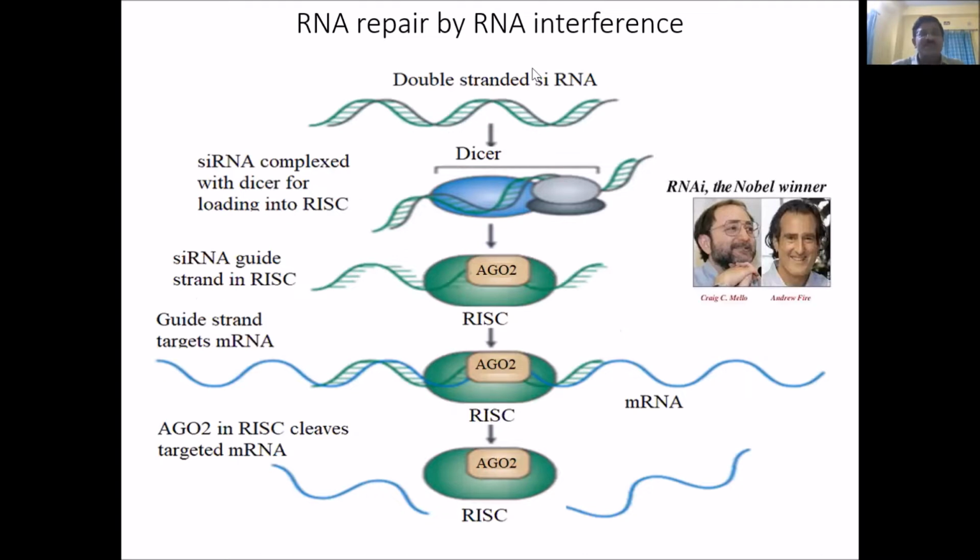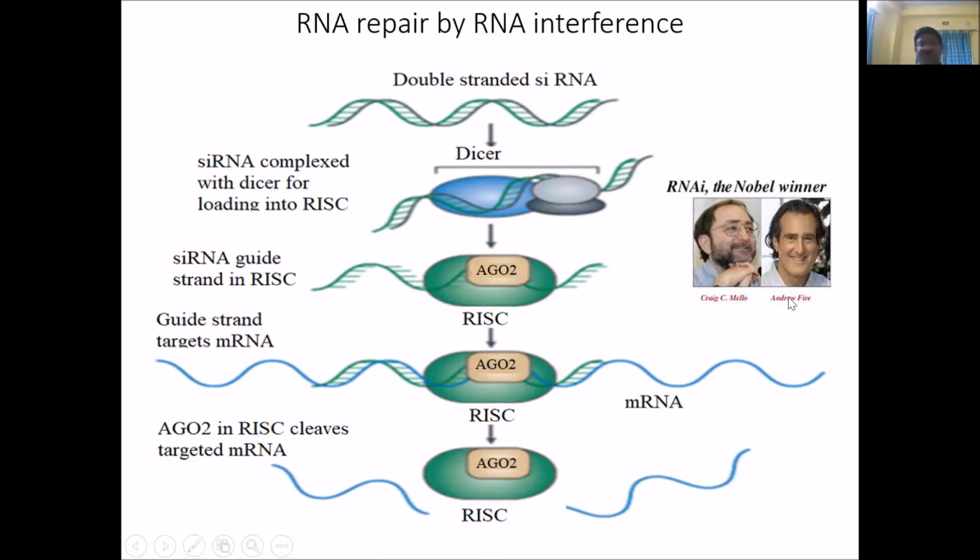Now today we will start with a very interesting thing: how double-stranded RNA molecules, because they are foreign RNAs to us, because we know that eukaryotes generally have single-stranded RNA molecules. When we have these double-stranded RNA molecules in our body, they are going to do something new, and that was discovered by Craig Mello and Andrew Fire.